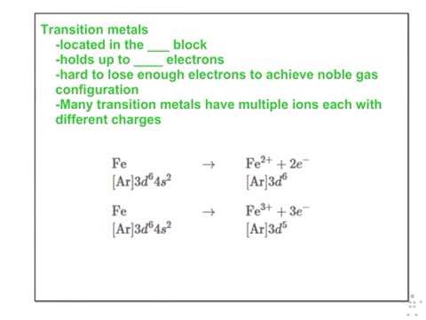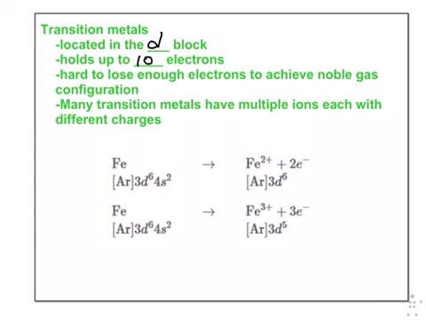Transition metals are the exceptions here. We kind of talked about that last chapter. They are located in the D block and they can hold up to 10 electrons. It's hard to lose enough of these 10 electrons to achieve noble gas configuration.